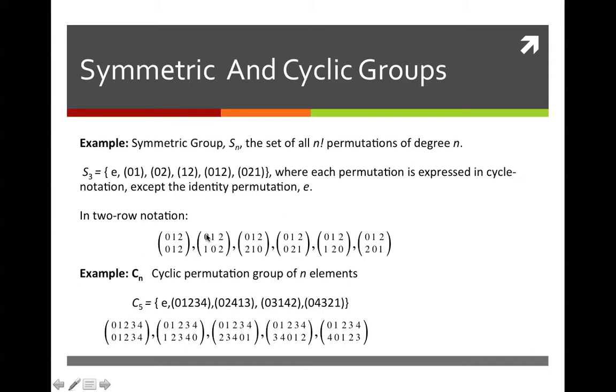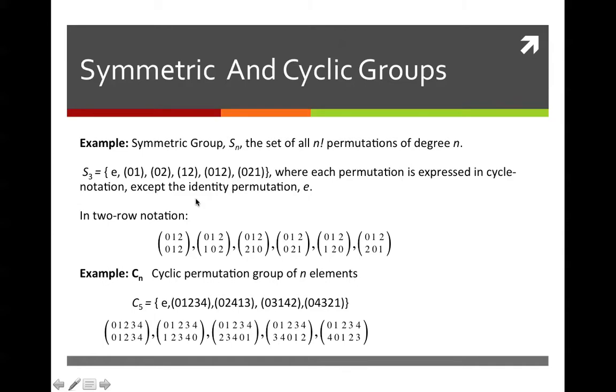And the 2 that is not actually included in here goes to itself. That's omitted from the cycle notation we have here. And likewise, (0 2) means 0 goes to 2, 2 goes to 0, but 1 is fixed. One of these longer ones, (0 1 2), 0 goes to 1, 1 to 2, 2 back to 0.